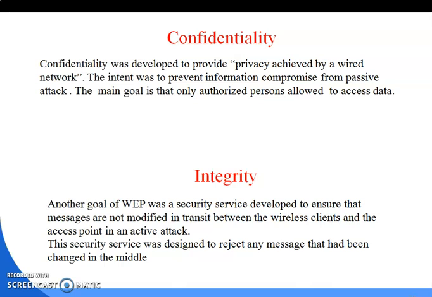This security service was designed to reject any message that had been changed in the middle, on the path between sender and receiver. If there are changes in the data packet, the data will simply be rejected, and that is known as integrity.